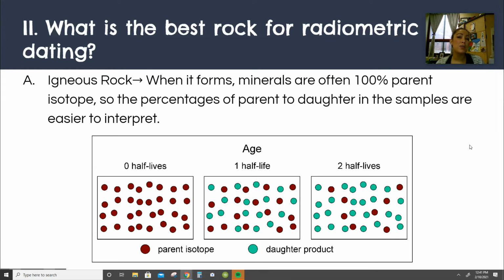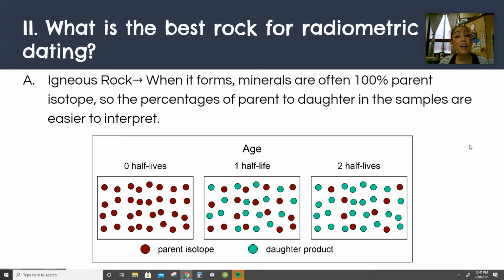We can't do this kind of dating with sedimentary rock because sedimentary rock is made up of broken up bits of other rocks. So if we're just talking about broken up bits of other rocks that might have been radioactive themselves, then we're not going to get an accurate measure of how old that rock was when it became sedimentary.